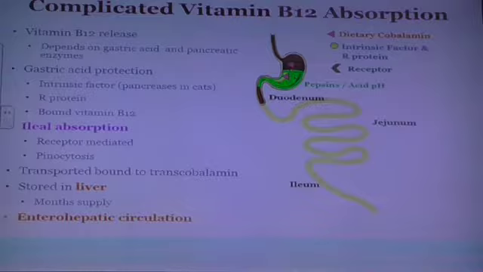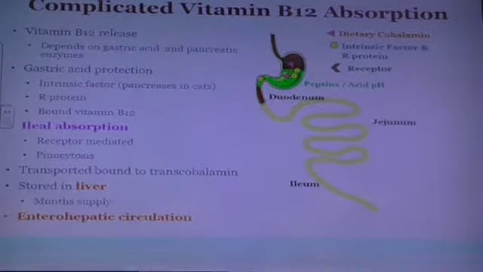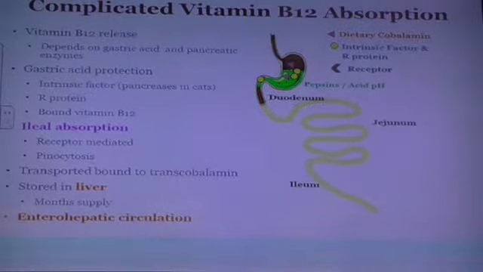So once vitamin B12 is in the stomach, they need something to protect it, and that is called intrinsic factor or R protein. Intrinsic factor and R protein are basically produced from the parietal cells of the stomach, but only intrinsic factor is produced from the pancreas. Once vitamin B12 binds to intrinsic factor and R protein, it is protected from the gastric acid in the stomach.